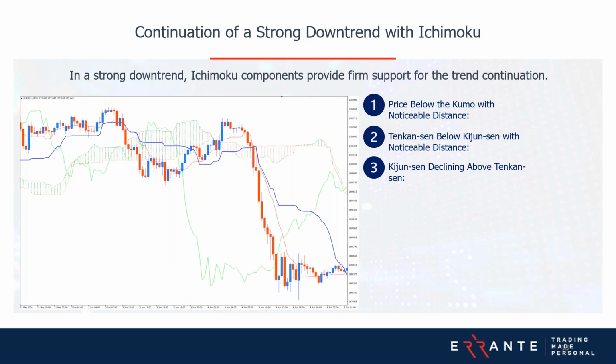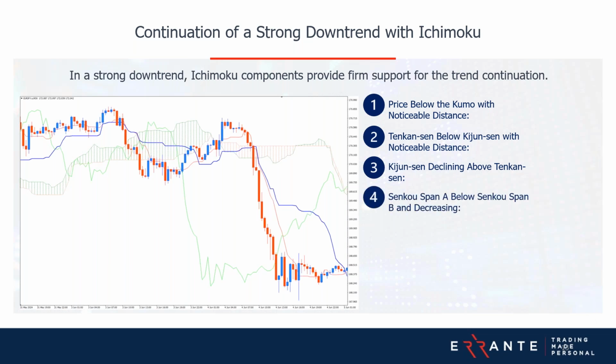It's better to put it this way: Tenkan-sen declining below Kijun-sen, because the Kijun-sen reflects a medium-term trend, and its position above the Tenkan-sen reinforces the bearish outlook, providing a barrier to any potential upward correction. So in that case, we can account Kijun-sen as a very reliable resistance level during this downtrend, and we can use it as a stop loss or something like that.